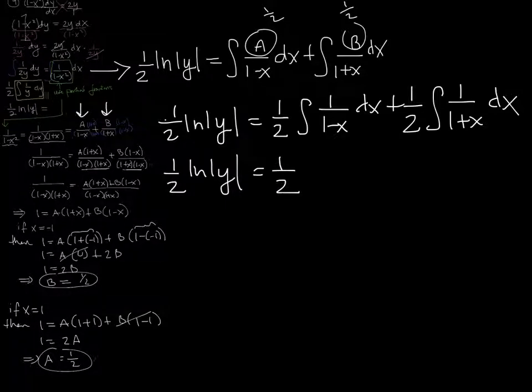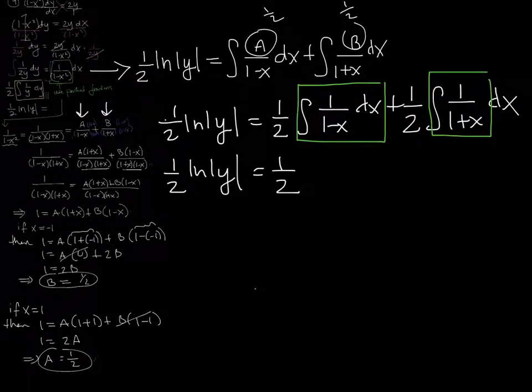So now, what is the integral of this guy, and what is the integral of this guy? And again, from integral calculus, we know that the integral of 1 over 1 minus x dx is ln of 1 minus x, but I'm also going to multiply by a -1, so I need that negative.